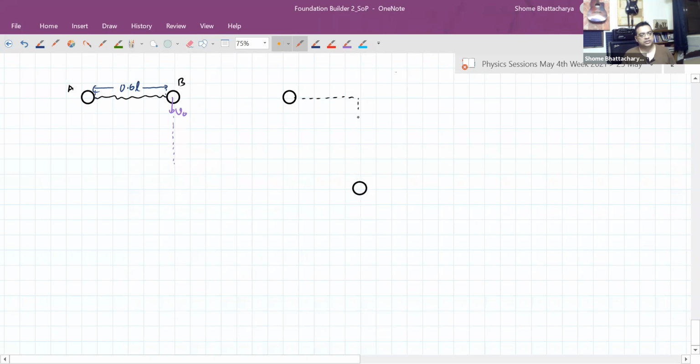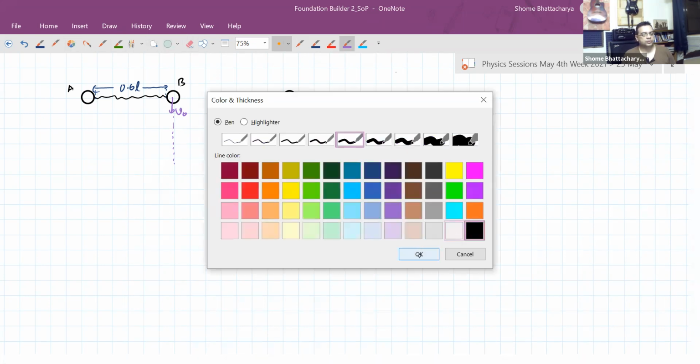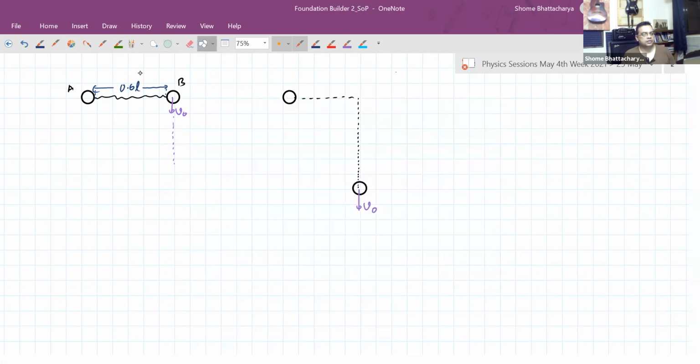B has traveled through a certain displacement without being affected by any force because the thread has not yet become taut. So it's still having a downward velocity V naught. But now the thread is about to become tight. So it's stretched out now like this.